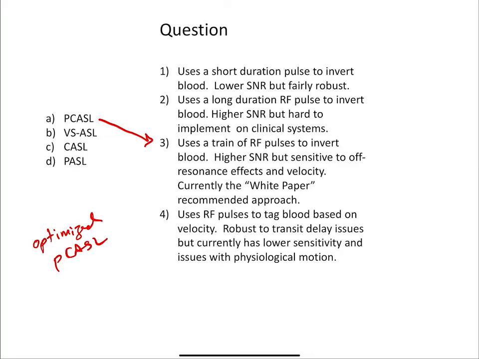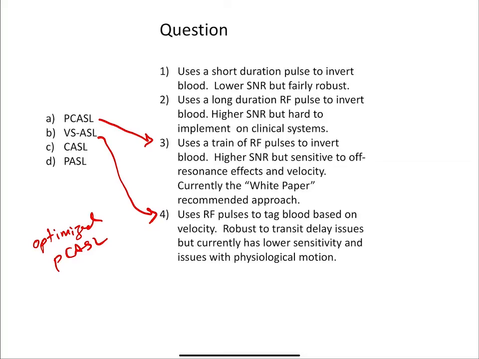Okay, VSASL, what does that stand for? Velocity selective, right? So there's only one that has velocity in the name, so that must be that. This is really great, and I think this is probably going to become, hopefully, if we can solve all the problems, the go-to clinical and potentially research application.